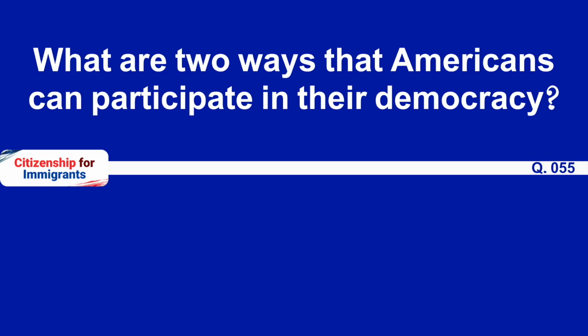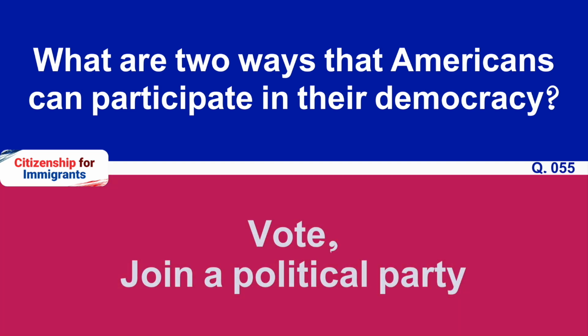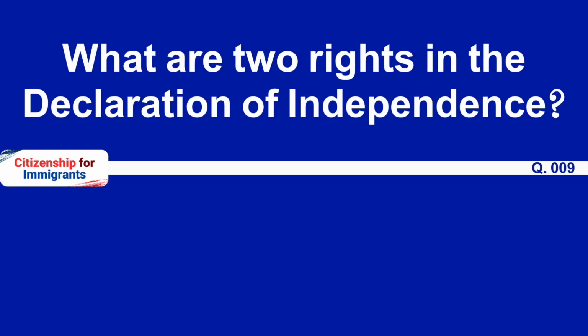What are two ways that Americans can participate in their democracy? Vote. Join a political party. What are two rights in the Declaration of Independence?